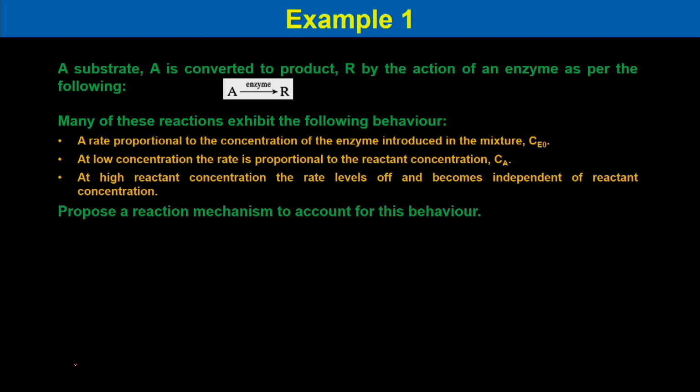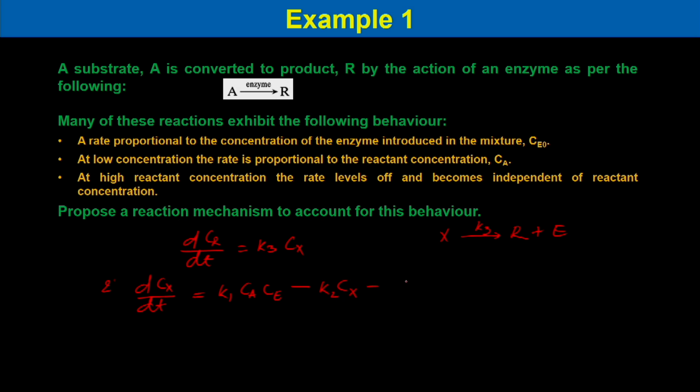Now, if we write for the reaction X to R plus E the rate equation, it would be d concentration of R by dt equal to, suppose this is K3, K3 into concentration of X. And dCx/dt would be equal to K1 into concentration of A into concentration of E minus K2 into concentration of X minus K3 into concentration of X, equal to 0.